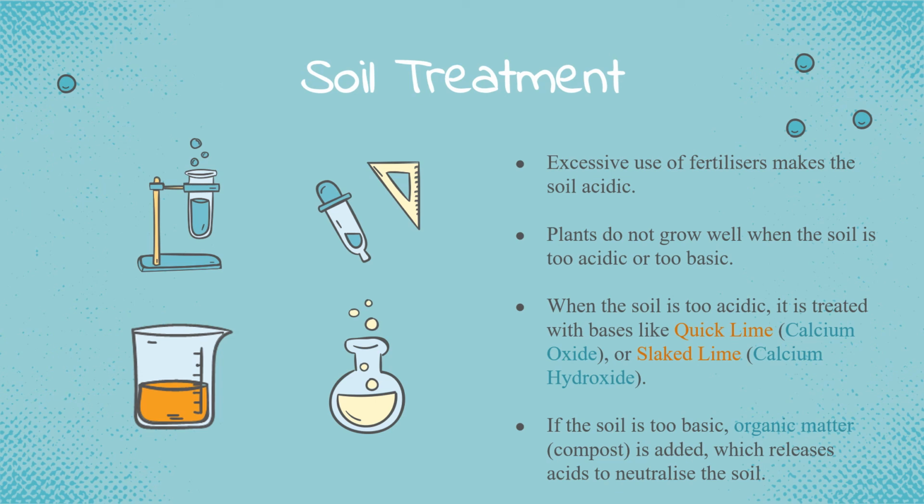So again, we do have a treatment for that. When the soil gets too acidic, then we can treat it with bases like quicklime or slaked lime, both of which contain calcium oxide and calcium hydroxide. And if the soil gets too basic, then we put in organic matter, compost, right?